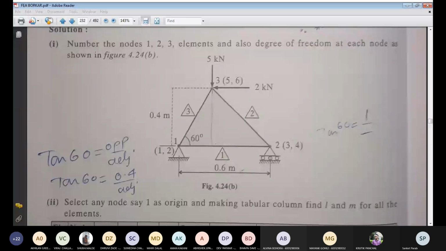Then U1 and V1 are 0. Four conditions we have got. P2x is 0. Five conditions.